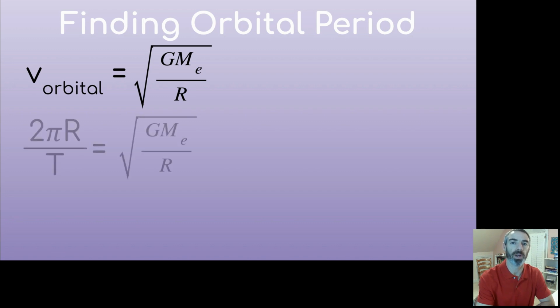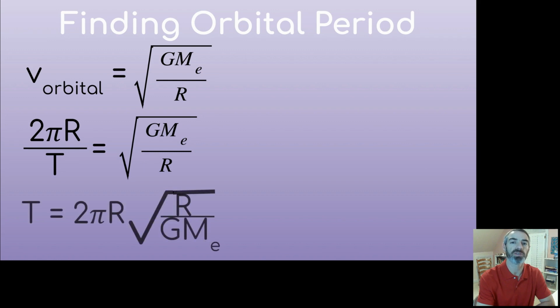The distance we travel around the Earth is a circumference, 2 pi r, divided by the period, which is capital T, so we can substitute 2 pi r over T in for that equation, and then solve for T, cross multiplying and then dividing, and we get 2 pi r times the square root of r divided by the universal gravitational constant times the mass of the Earth. And this is the period of an orbit.